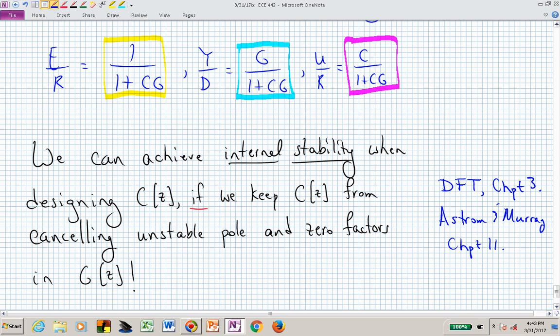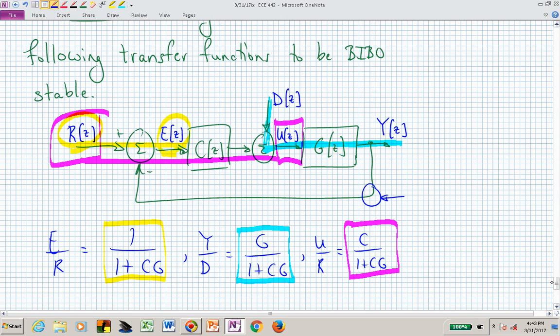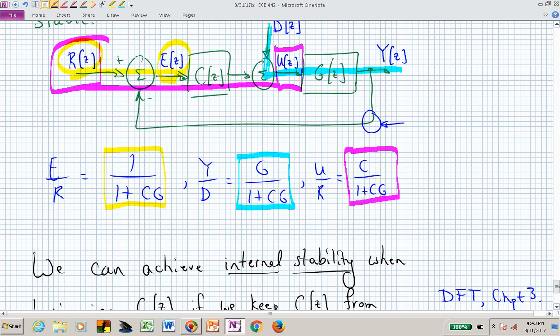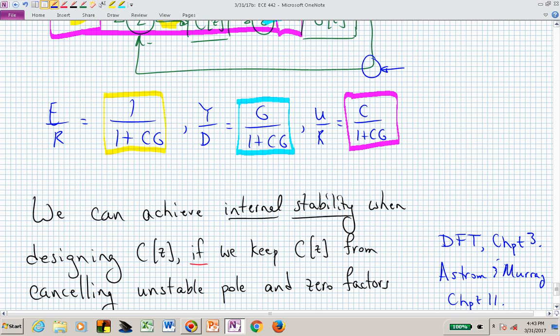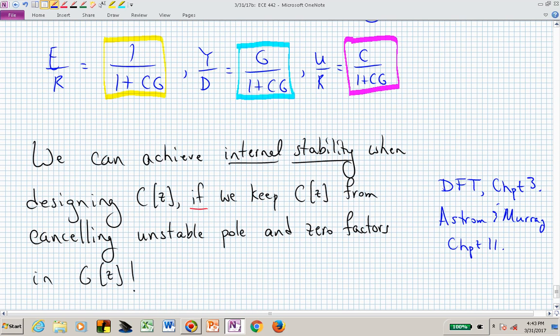You should be able to derive these transfer functions between these various inputs and these selected outputs to demonstrate that those yellow, blue, and purple transfer functions are what they are, and that you do not want your controller to be canceling unstable poles and zeros in your original system G of Z. That will ensure that all three of these transfer functions are in fact bounded input, bounded output stable.